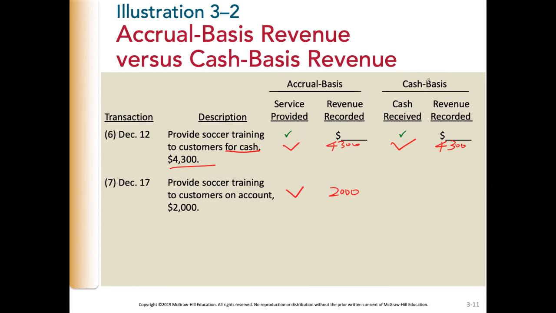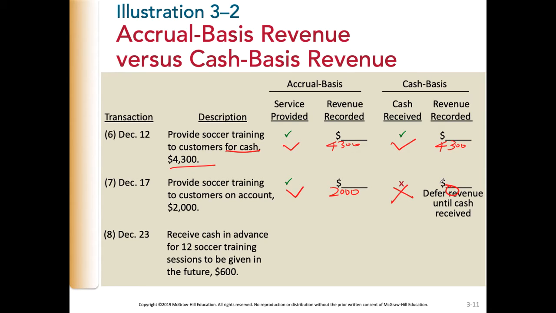On the cash basis, it says providing soccer training to a customer on account for $2,000. Does that mean cash is not received? Yes, cash is not received. Hence, cash-based accounting is not going to record $2,000 as revenue. Hence, there is 0, or deferred revenue until cash is received.